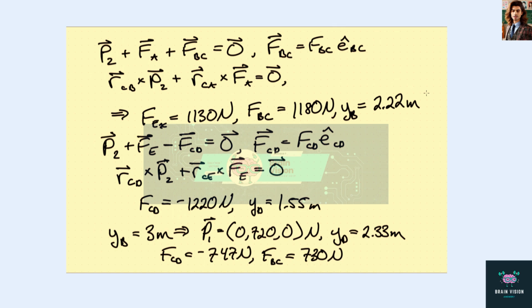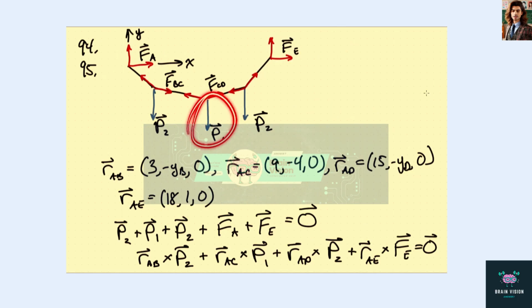Now, in problem 95, which looks at the same system, we're basically just given different knowns and different unknowns. In this case, we want the magnitude of this load if YB, this value here, is 3 meters. So we want the magnitude of this load, and then also again this sag here.